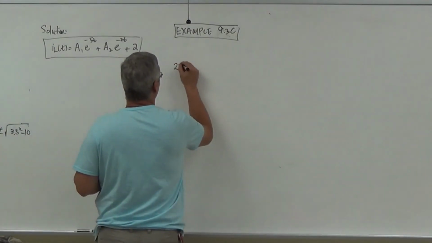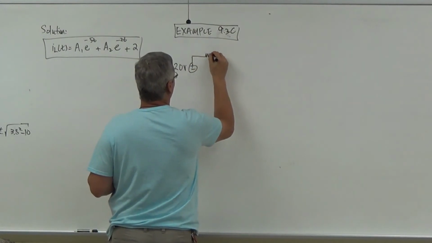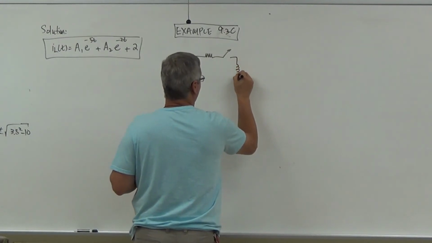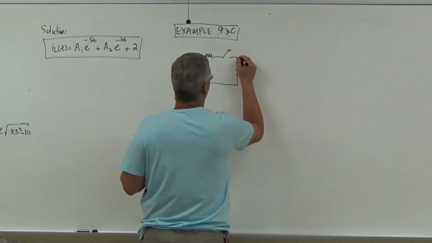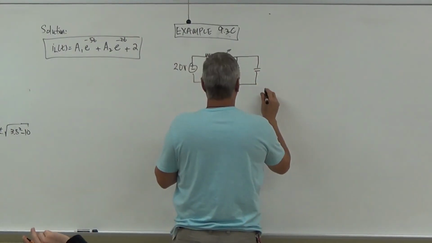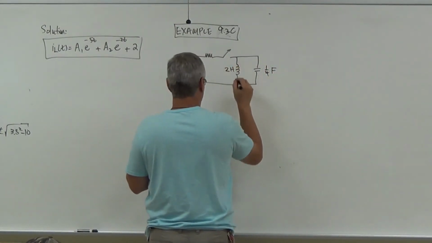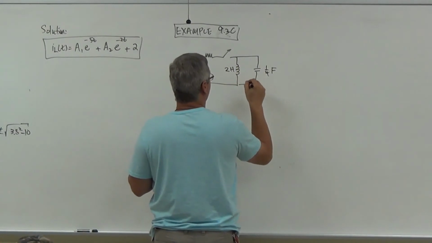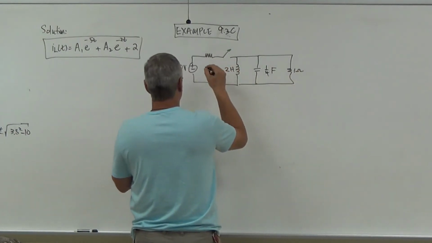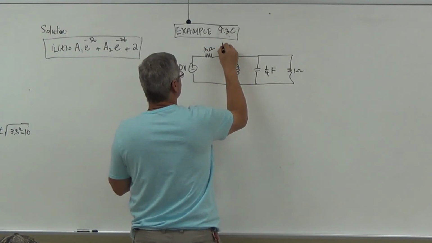Okay, so it's 20 volts plus or minus. So this guy here is quarter F. Oh damn, there's another resistor. This is 1 ohm, and then this is a 10 ohm. And we know the switch opens at T equals 0.